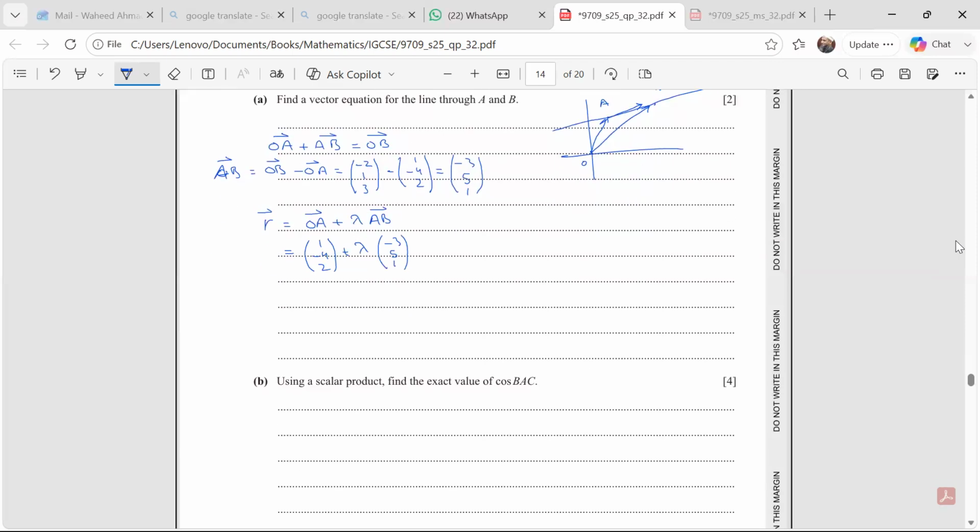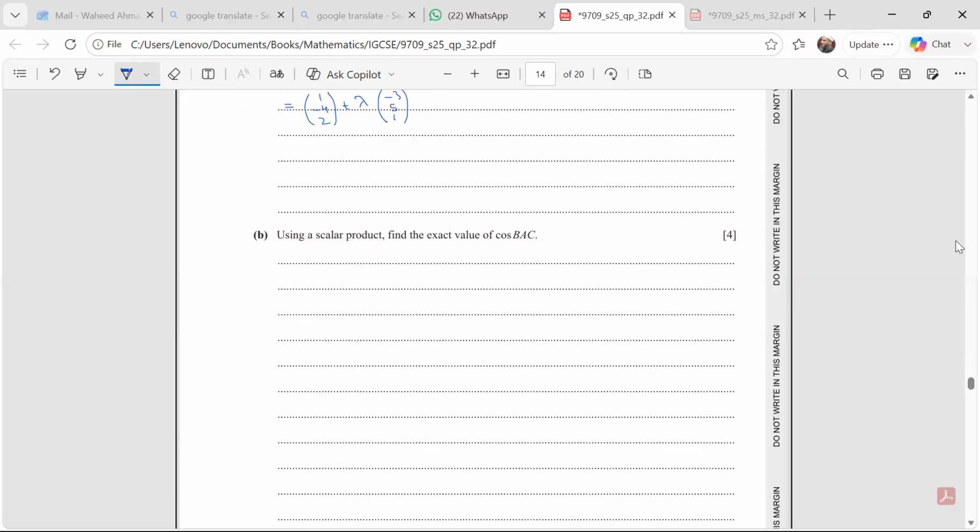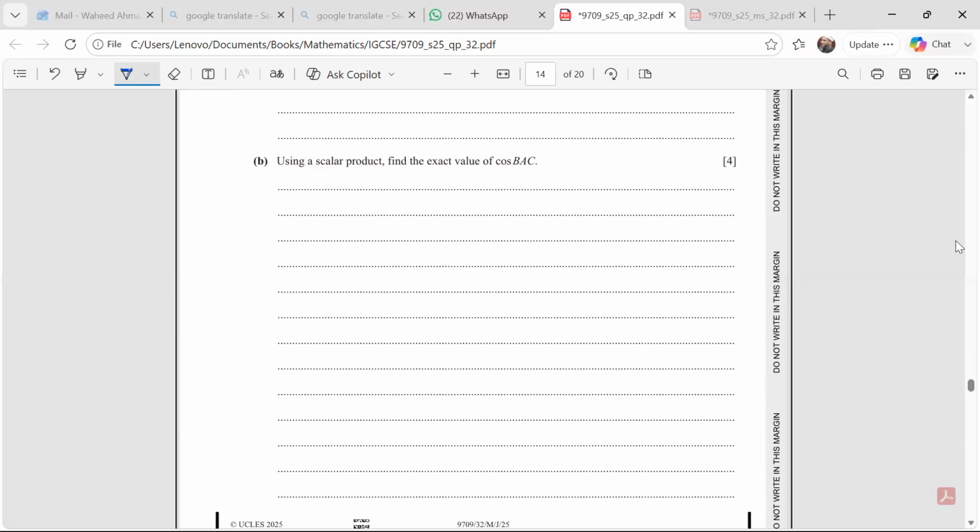Okay, my understanding. Using a scalar product, find the exact value of the cosine of angle BAC. Let's assume again we have three points A, B, and C, and we need to find the cosine of this angle BAC.